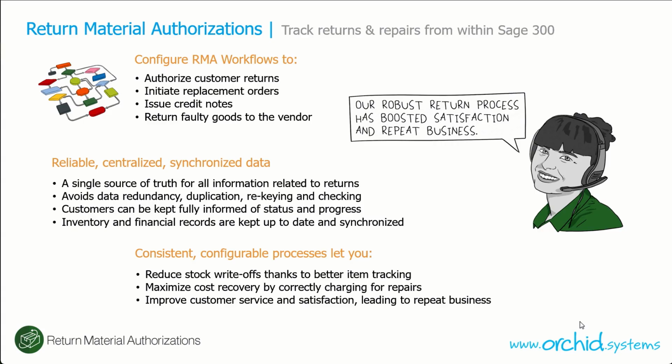So you don't have to duplicate and rekey and check the information that might be in a separate database or in a spreadsheet. And customers can be kept fully informed of the status and the progress of the return, which also helps keep your inventory and financial records up to date.